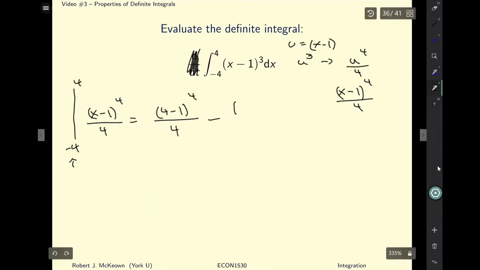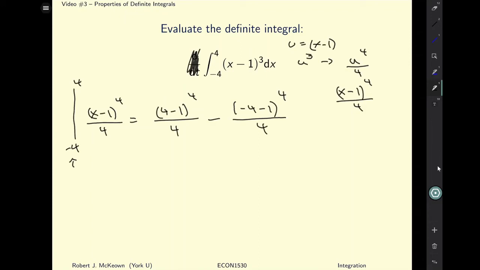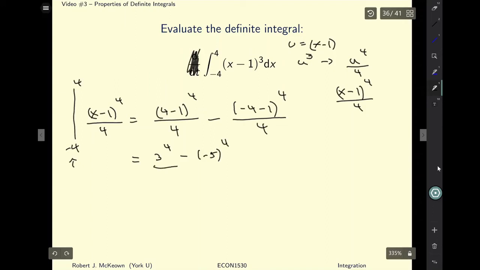I've got (-4 minus 1) to the power of 4. That looks like an awfully big number. Divided by 4. And if I do a little bit of simplifying here, I've got 3 to the power of 4 minus -5 to the power of 4, and the whole thing divided by 4.